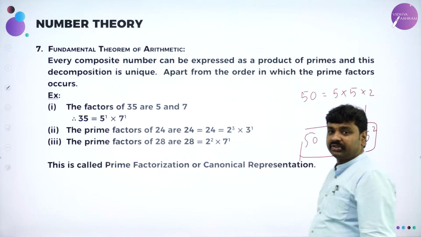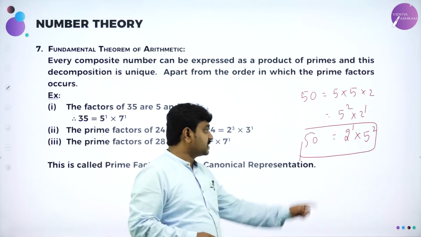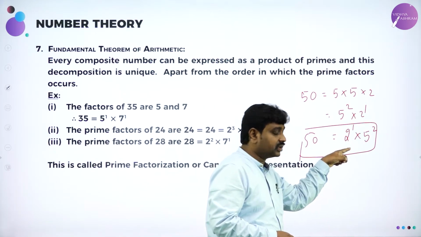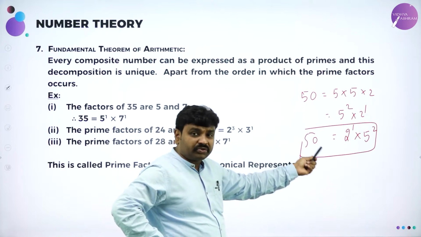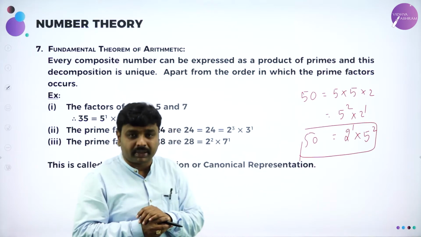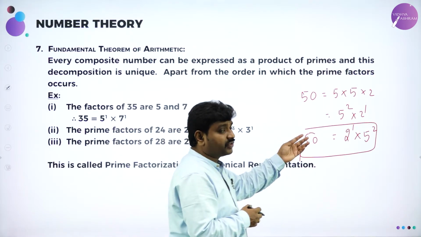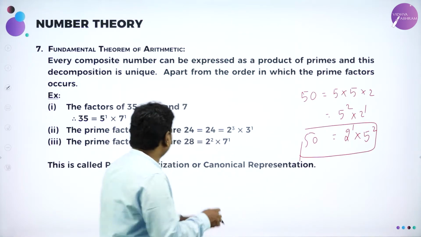What is canonical representation? Representing a composite number as a product. Product means multiplication. We read this as the product of 2 power 1 into 5 power 2. So representing a composite number as a product of prime numbers is called canonical representation. To do this, we can do prime factorization. How to do that?